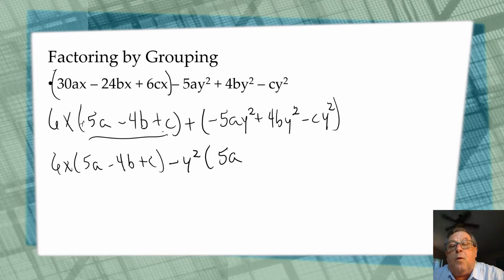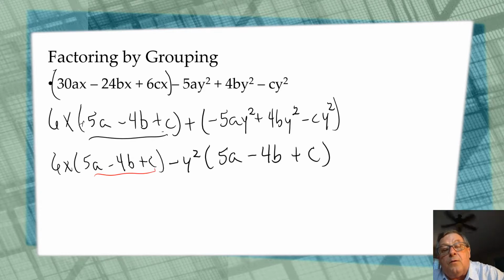And then if I take positive 4by squared and factor out negative y squared, that's going to give me negative 4b. I'm looking pretty good. And then I got negative cy squared, factor out negative y squared, it's going to give me plus c.